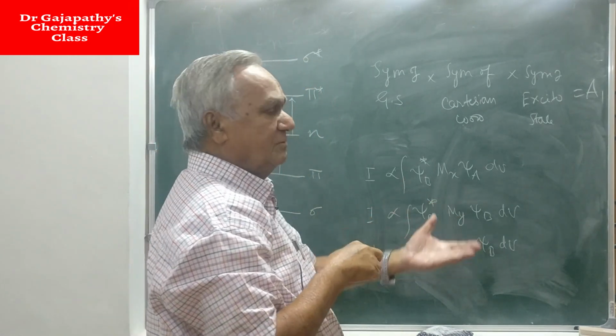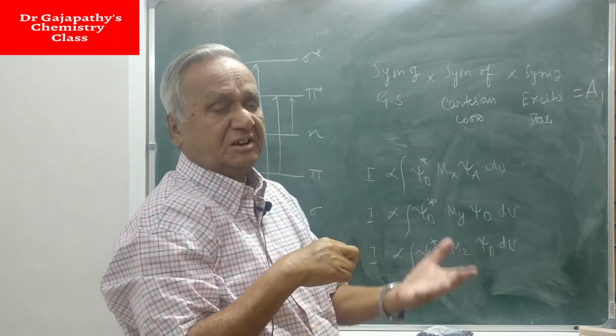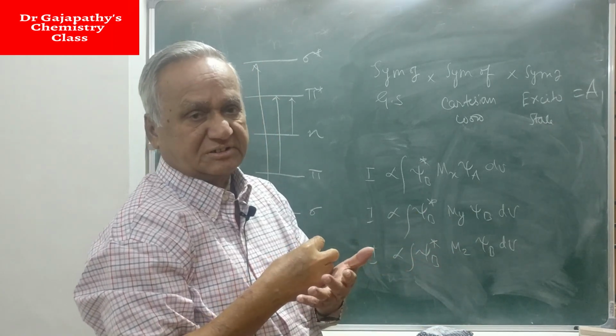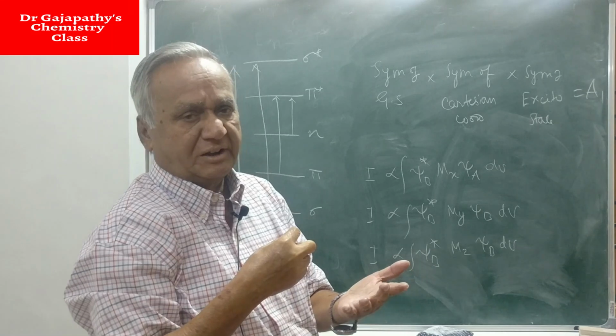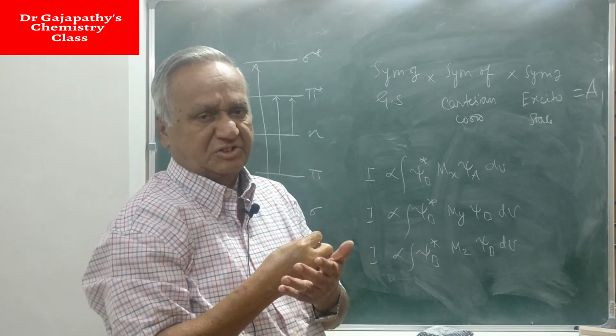Then this integral will not be equal to 0. Such a transition is an allowed transition. If it is not equal to A1, then it is a forbidden transition.